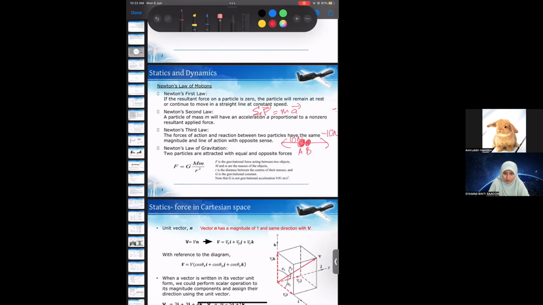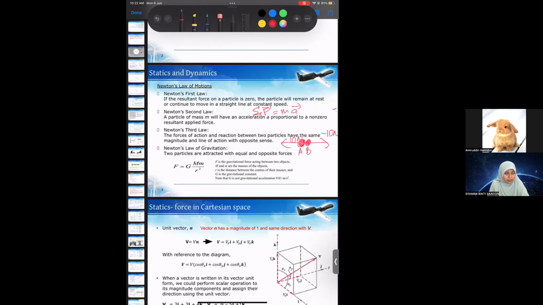The third law says we need the same magnitude, so if we have 10 Newton from the left, there is a reaction force on your right in the opposite direction. That's why it has positive and negative.